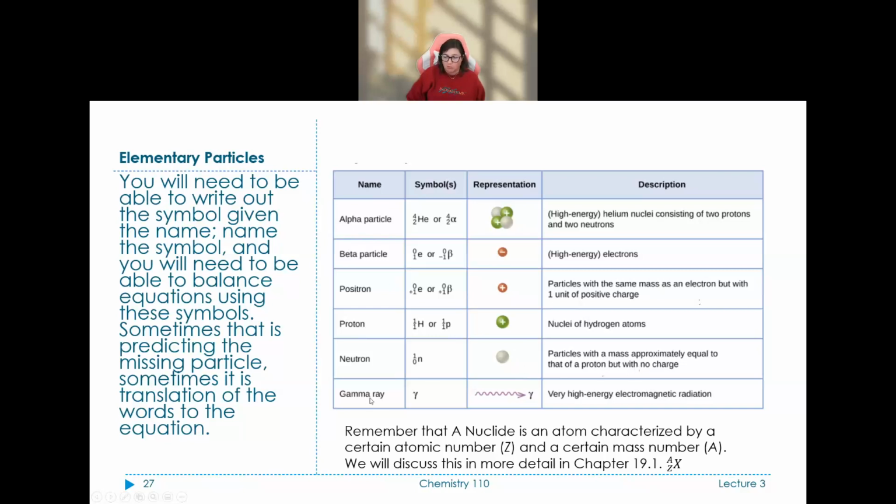And then we have gamma rays, which are symbolized by this gamma. Let me try and draw you a gamma. Looks something like that. It looks something like the fish, but not in the fish direction, if that makes any sense at all.